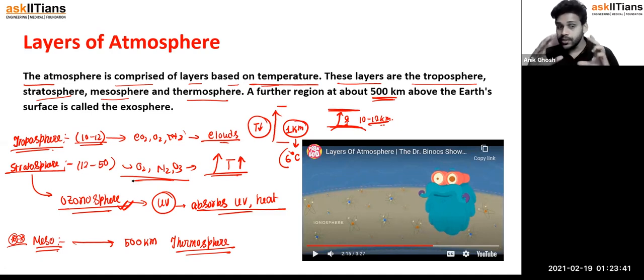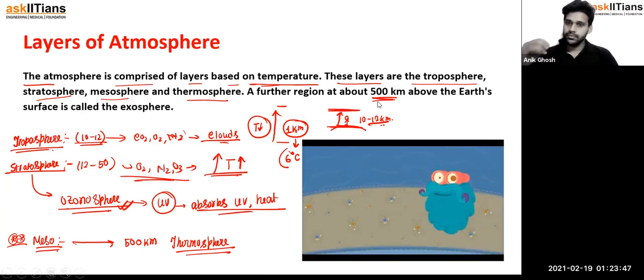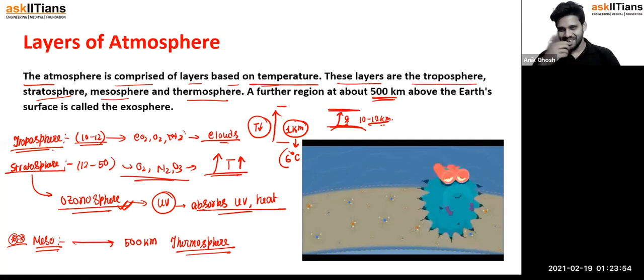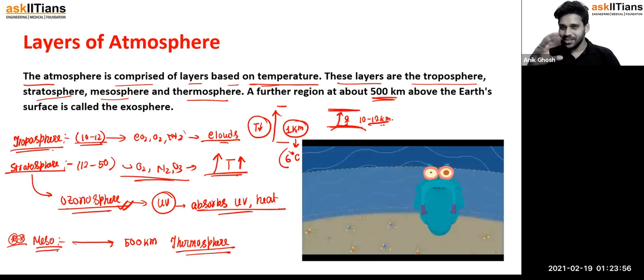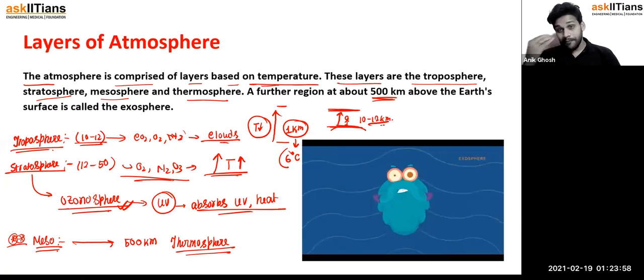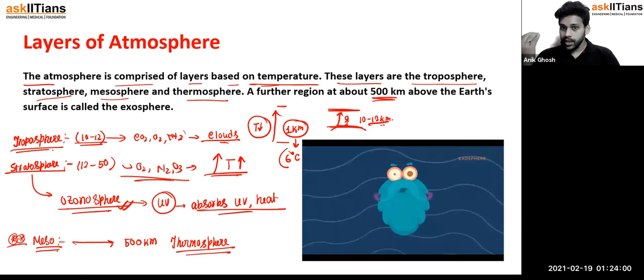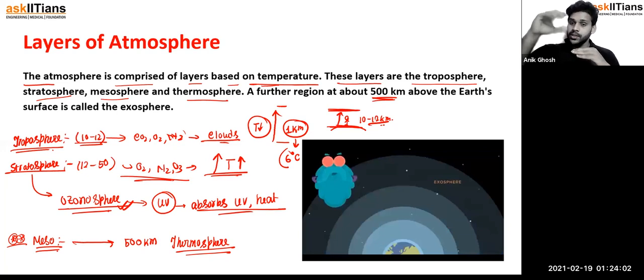The ionosphere is in the lower part of the thermosphere, and all the atoms are ionized. They are all charged, right? And after that comes the exosphere, 500 to 700 kilometers.